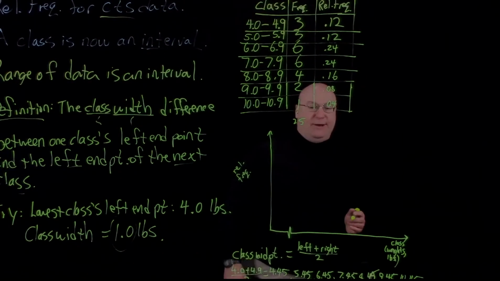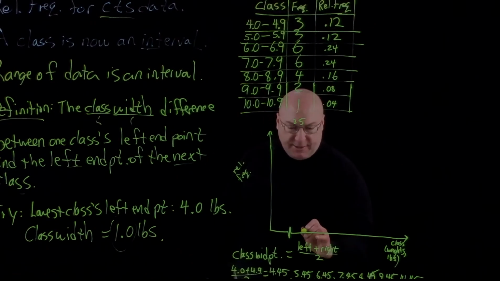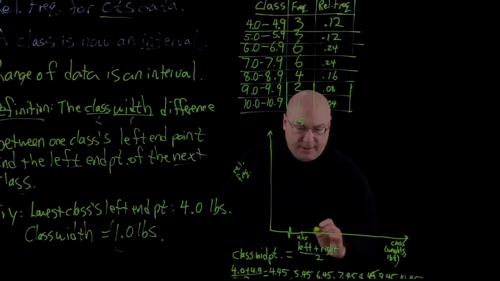And I can tell right now I'm going to probably be a little bit crowded here. But let me put one right here, and that's going to be 4.45. And I'll put one right here, and this will be 5.45. And here is 6.45.